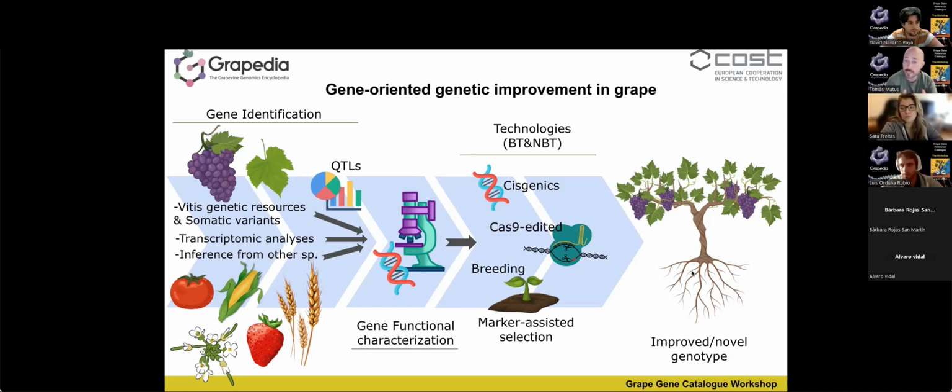Grape genes can be identified before we characterize them through different approaches. I just enumerate some of them here. You can find genes that are interesting because you find them in genetic resources, so in a cultivar that has a different expression pattern, or a different sequence compared to the reference.